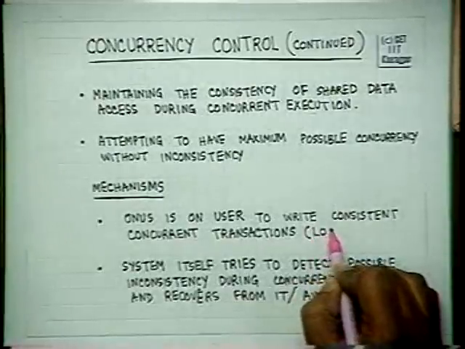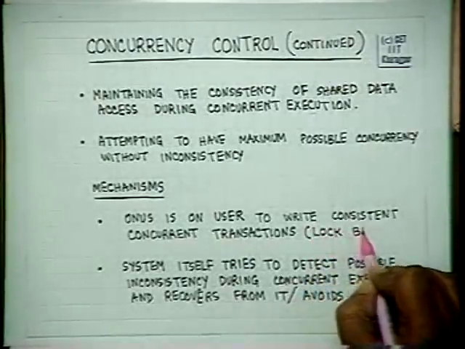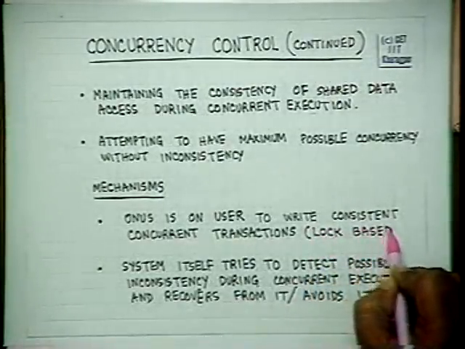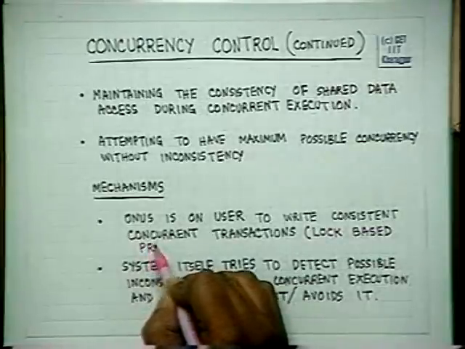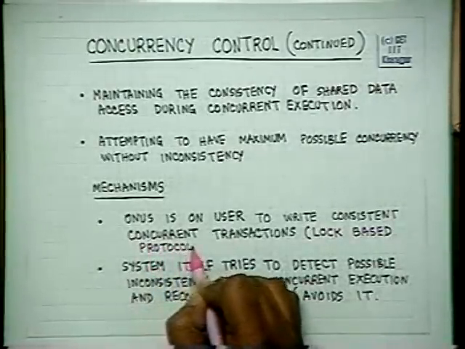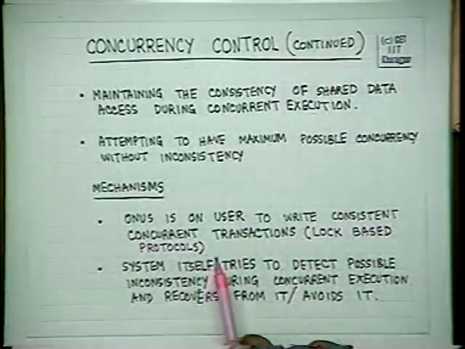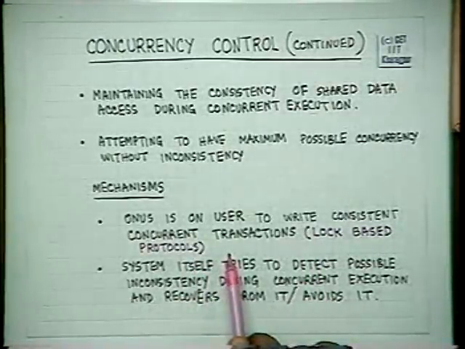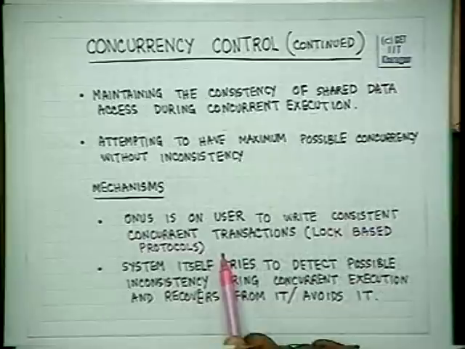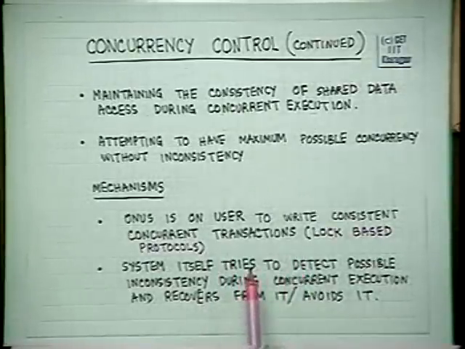And among these two, we have already discussed the first type, where we discussed what are called lock based protocols. And among these lock based protocols, we discussed various types which are both trying to maintain consistency as well as having prevention of what are called deadlocks.